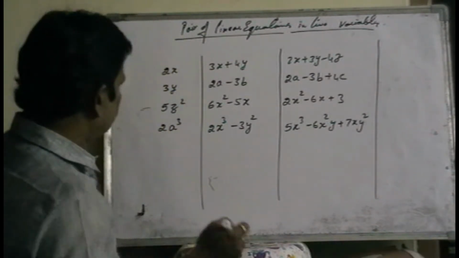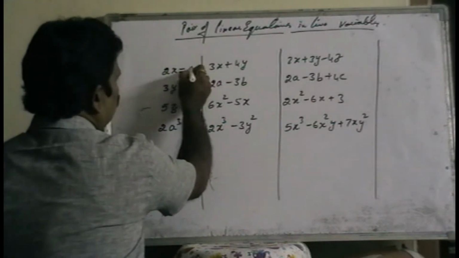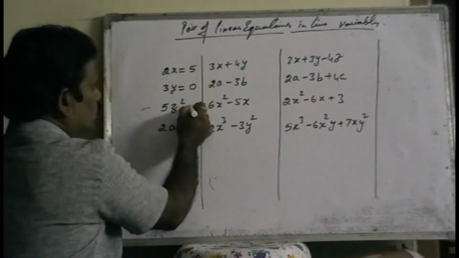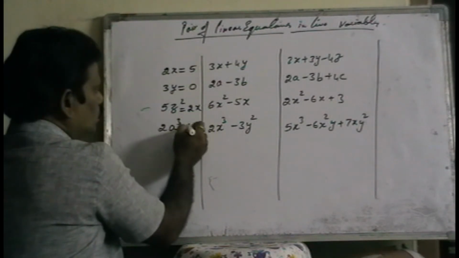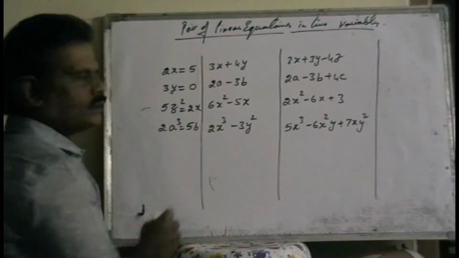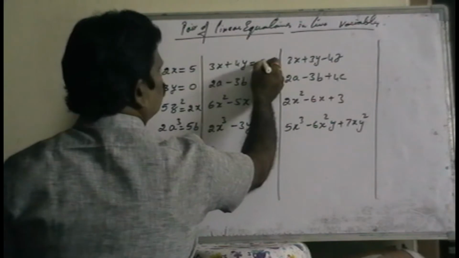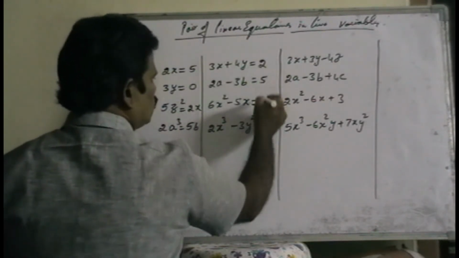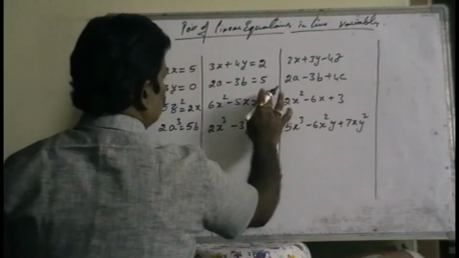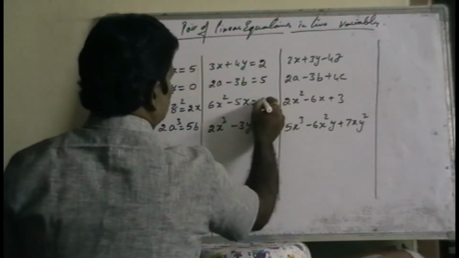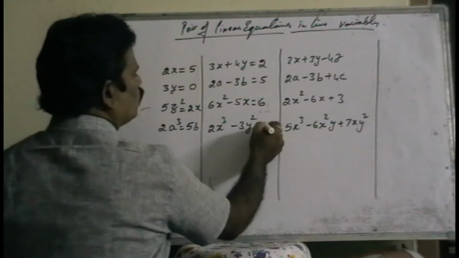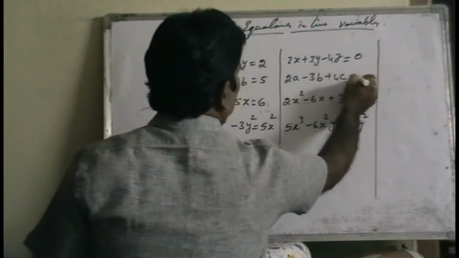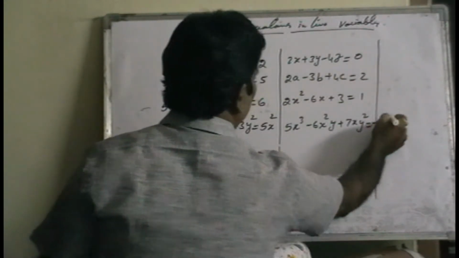Now, if an expression is equal to some constant, 2x is equal to 5, 3y is equal to 0, 5z square is equal to 2x, or 2a cube is equal to 5b, or 3x plus 4y is equal to 2, 3a minus 4b is equal to 5. Not only a constant, it can be 6x, or 5x square is equal to 0, is equal to 2, is equal to 1, is equal to minus 5.